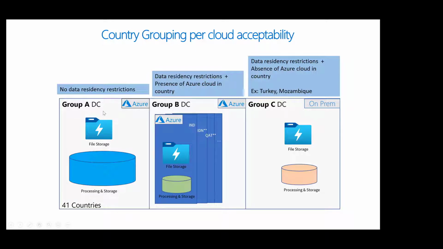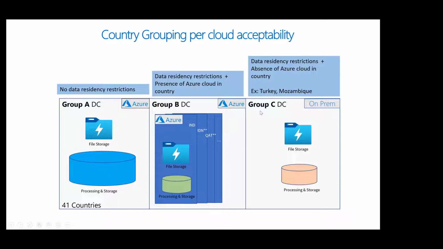Let's call the no data residency restriction countries Group A. Group B are the countries that have data residency restriction, which means customer data or PII data can't move out of the country, but can go to cloud within the country. For example, countries like India and Indonesia, which I marked with a star because an Azure data center is about to be there in Jakarta soon. So that is Group B.